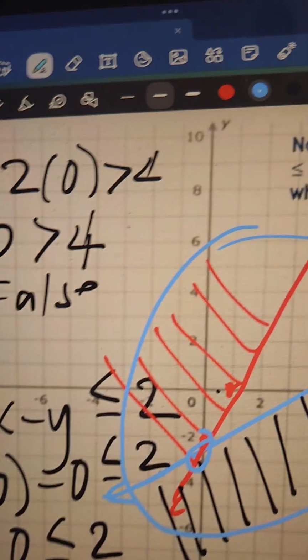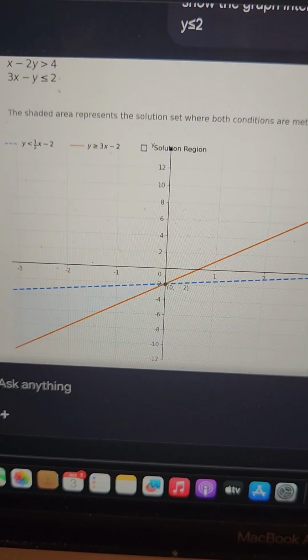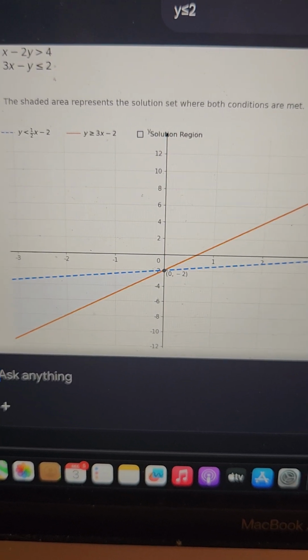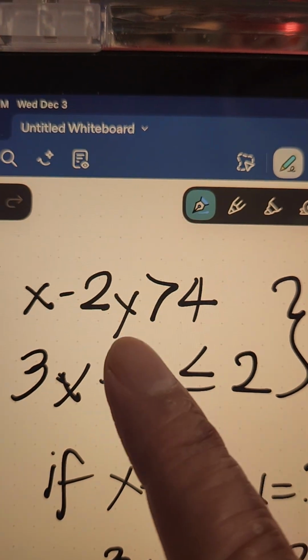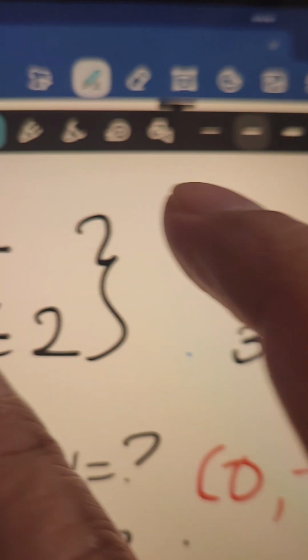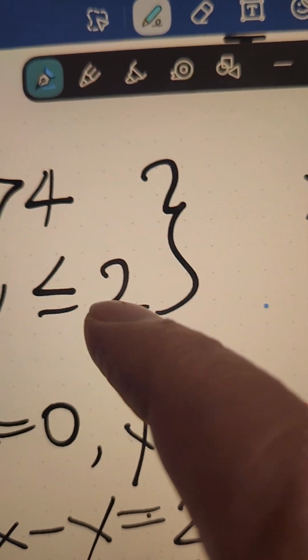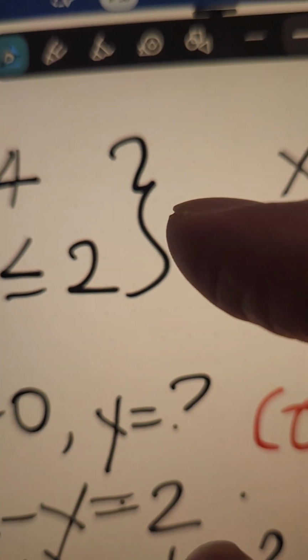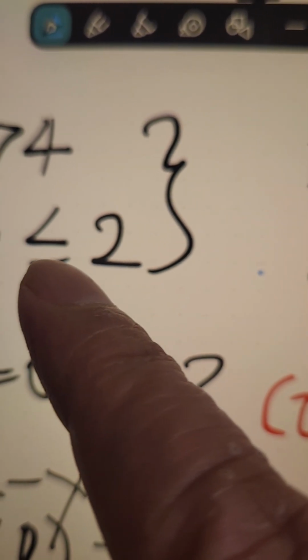Nag-overlap yung range ng dalawang equation. Okay, so basically, ganito yung magiging itsura ng graph dapat. So, yung red line, yung ating second na equation.